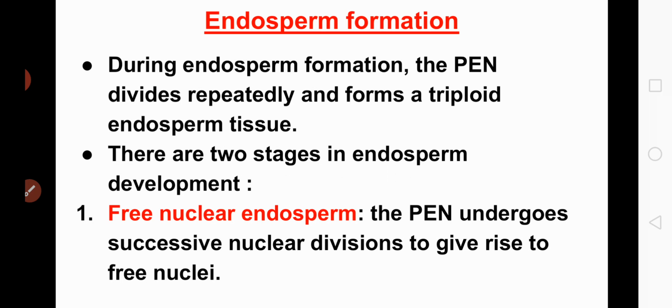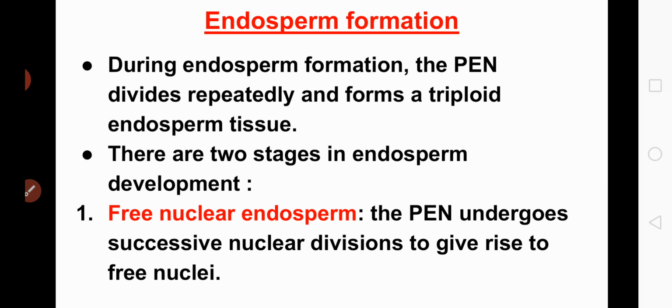During endosperm formation, the primary endosperm nucleus, or the primary endosperm cell, divides repeatedly and forms a triploid endosperm tissue.